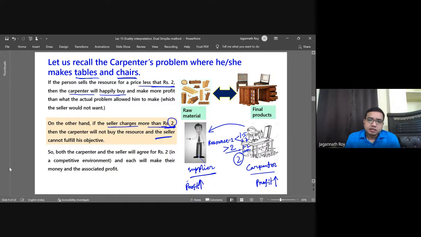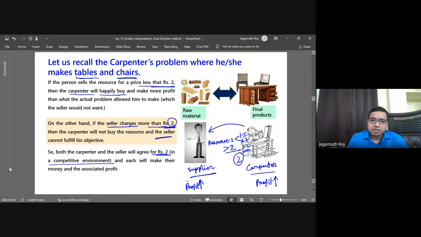Otherwise one of them will make a loss. So both will agree to purchase the resource in a competitive environment. Let us not make only one happy, let us make both happy.